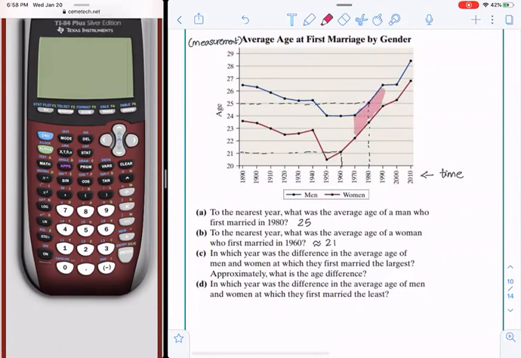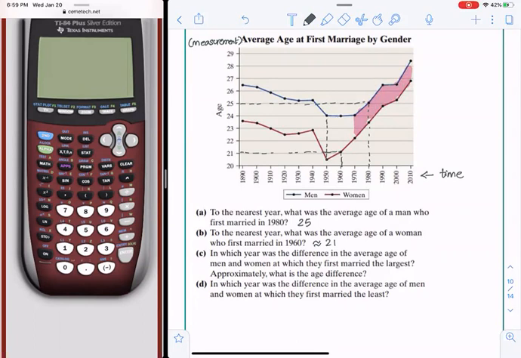So we don't have to worry about that part. Doesn't matter, it's a narrow gap. Just by looking at it, it seems to me that year 1950 would have a greater gap. Let's see if that is true just by verifying.